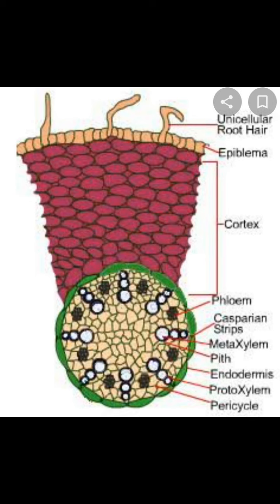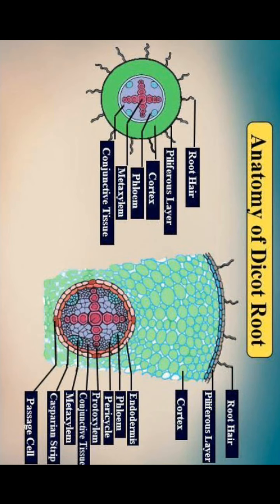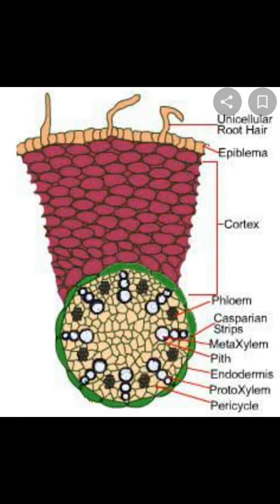This is the significant characteristic in the monocotyledon's root compared to the dicotyledon root. Have you understood? In this dicotyledon root 4 patches are present, but here more than 6 patches are present. The phenomenon of consisting of more than 6 patches of xylem bundles is called polyarch.